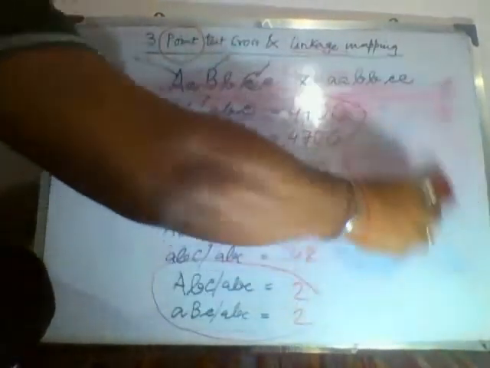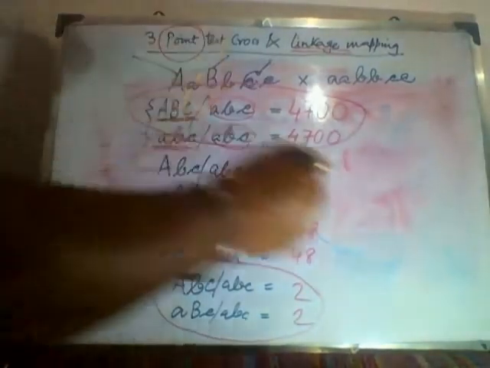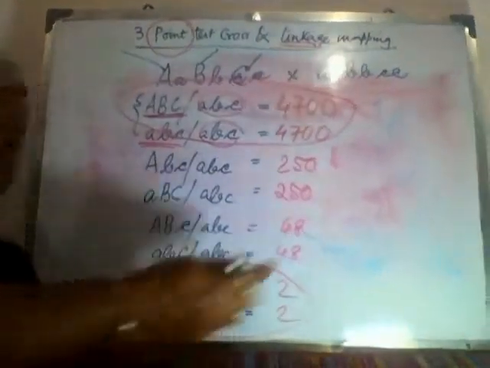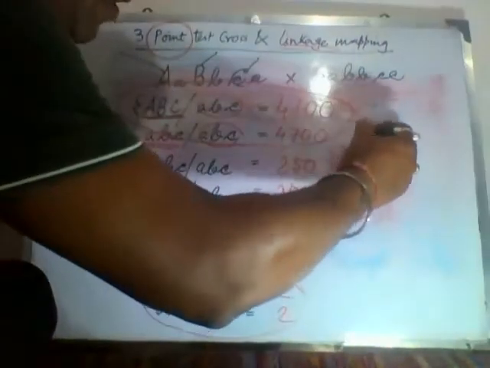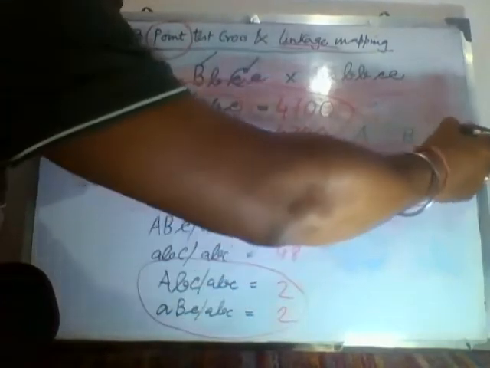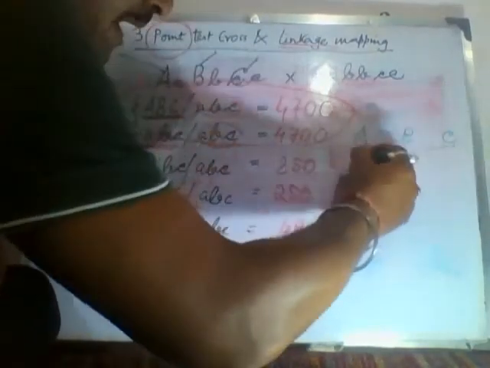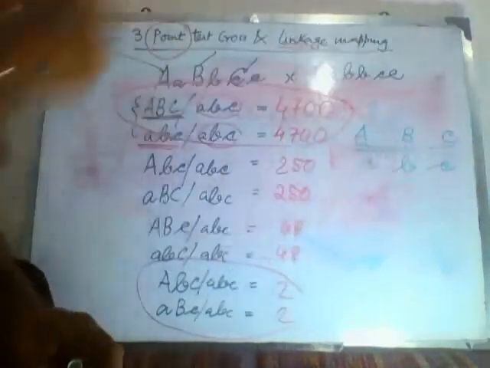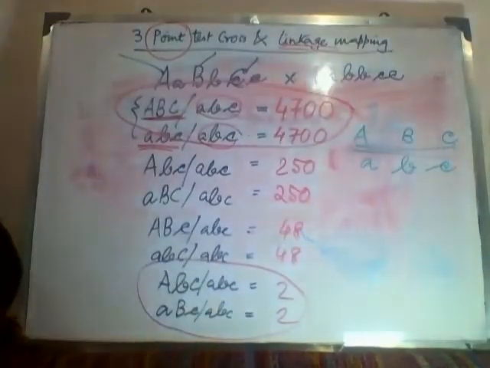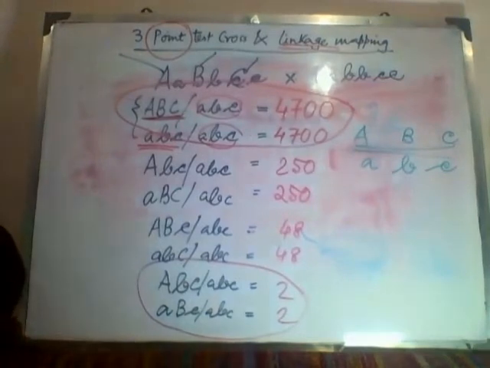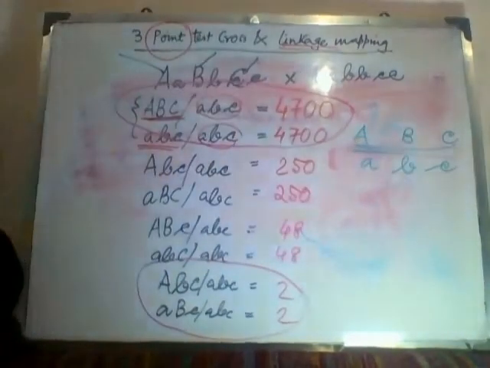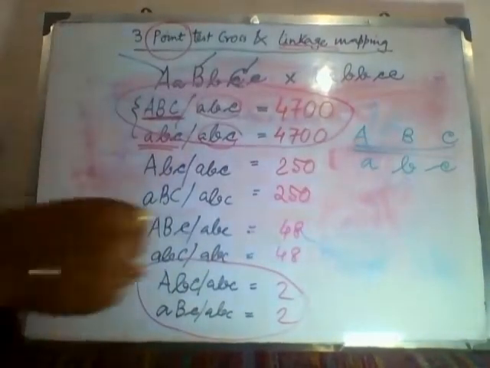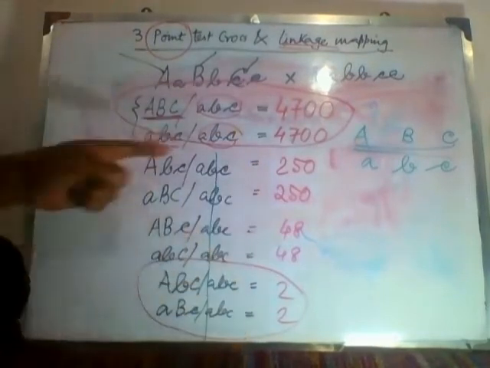So in our solution page, we will write that the gene order is capital A, B, C by small a, small b, small c. Now try to find out which recombinant gametes have formed due to recombination between A and B. In finding this out, you can ignore this side of the data.